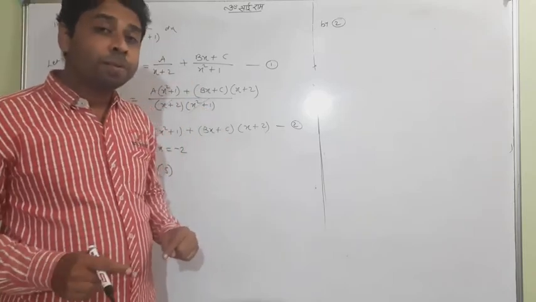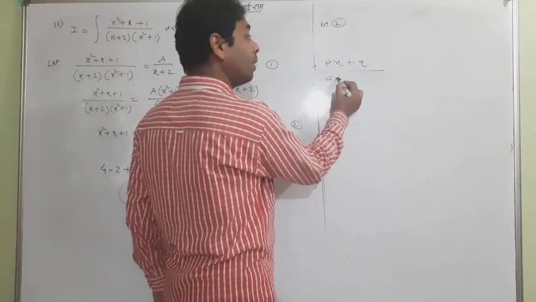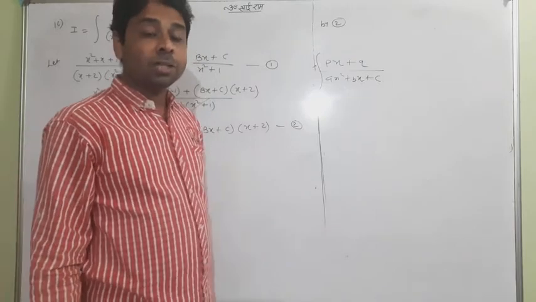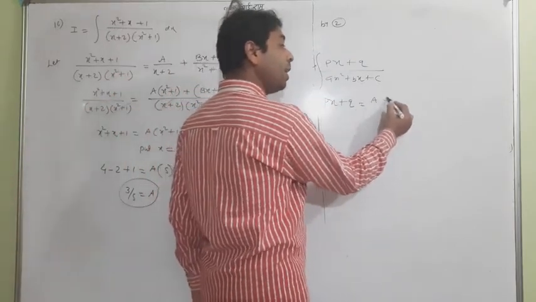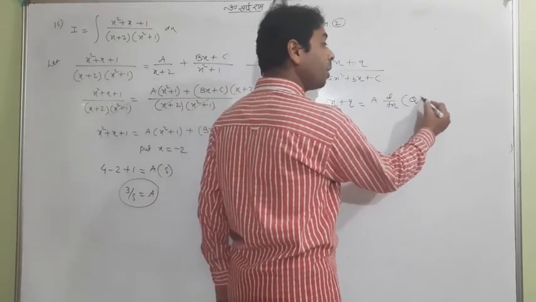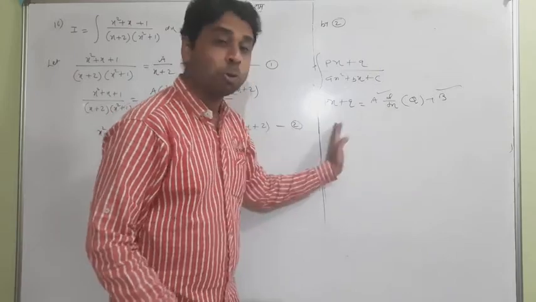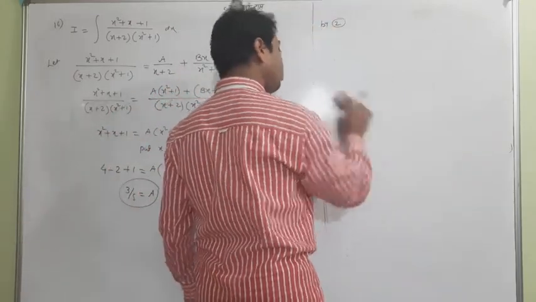Where did you learn it? You know the type (px + q) upon a quadratic. In this integration type you read, I wrote the numerator as A into d by dx of the quadratic plus B, and then A and B you found by comparing the two sides. The same I am going to do. Nothing special.